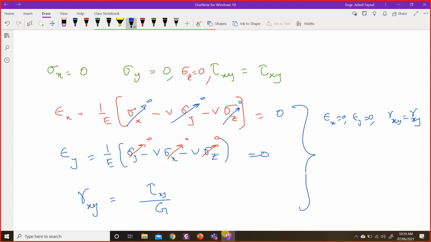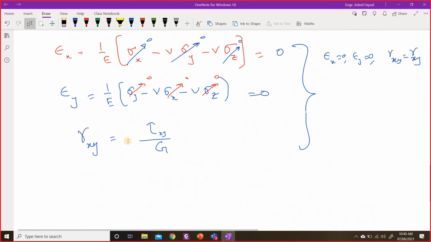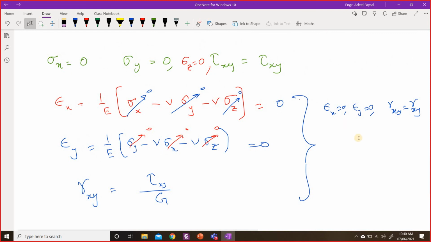This was the first step in this route, the second method, generalized Hooke's law. First use generalized Hooke's law. We have used it to go from stresses to strains, and now we will perform strain transformation in order to find epsilon max.